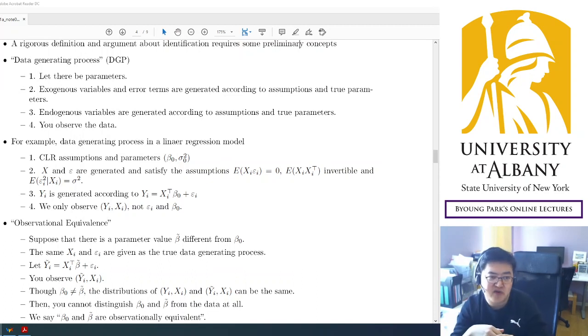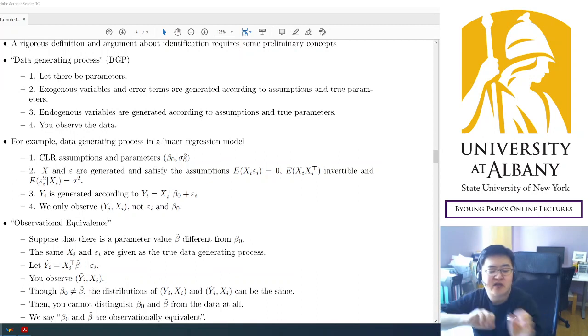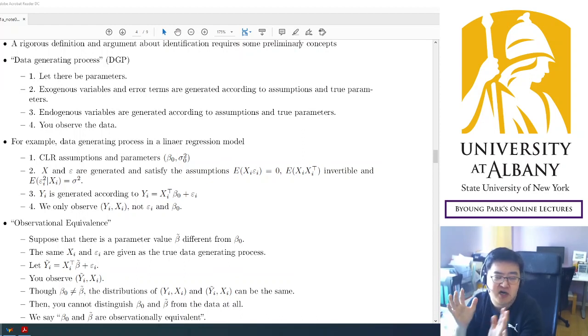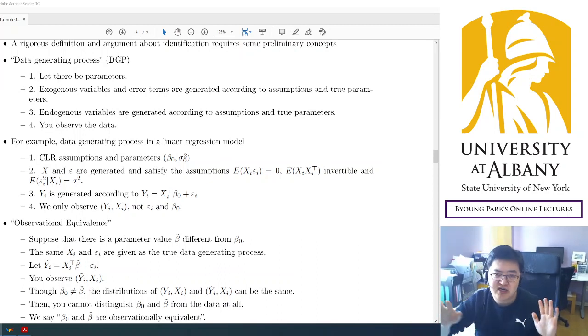So the exogenous variables are generated, and then based on those, they are put into our model according to your assumptions. And then according to the model, endogenous variables are generated. So they are determined by the model and by the exogenous variables. And after deleting unobserved variables like error terms, we observe the data. That's how the data are generated before we observe.